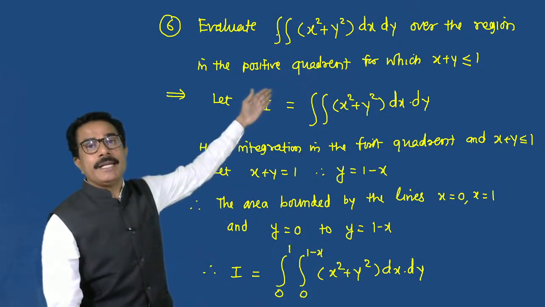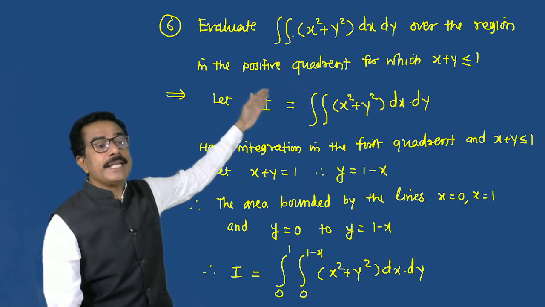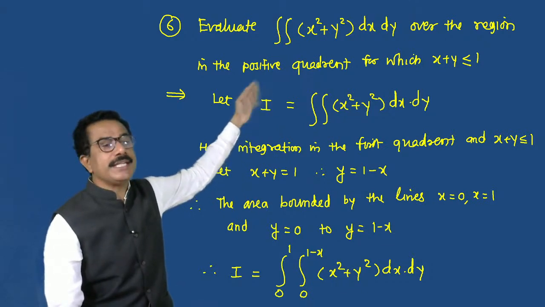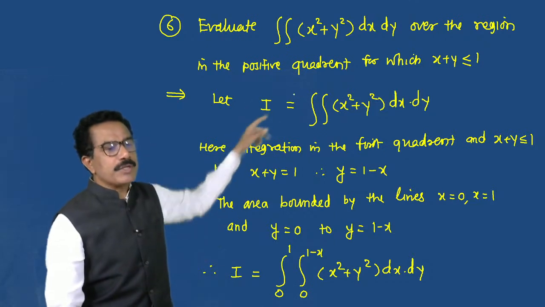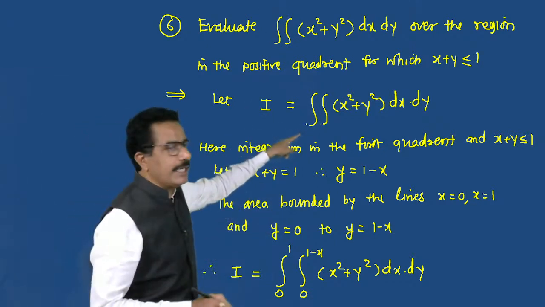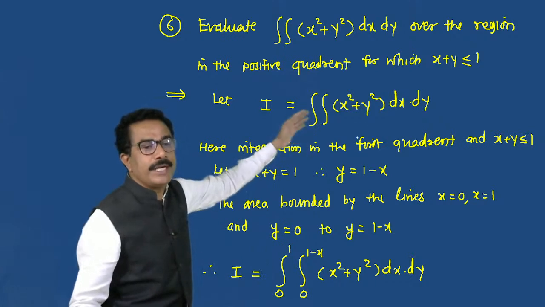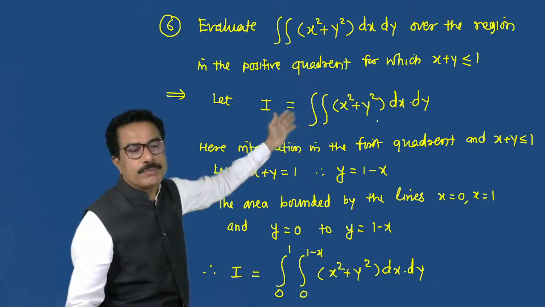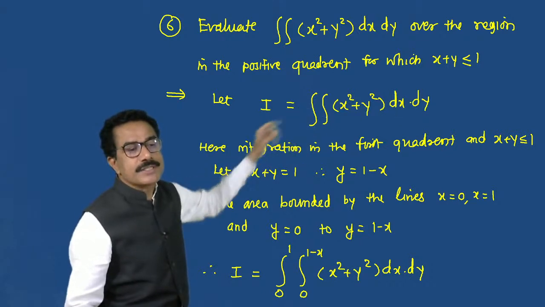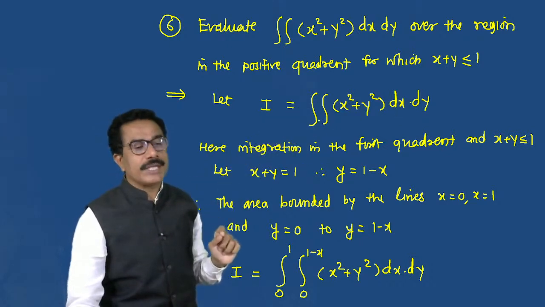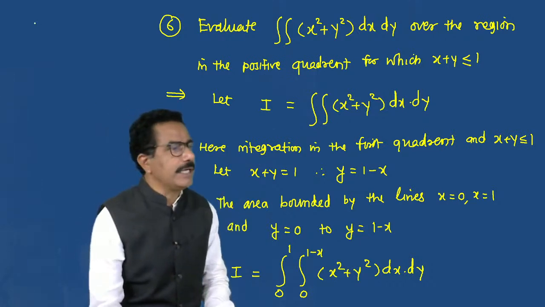We are given the double integral, but there are no limits for the first and second integral. Suppose I equals the double integral of x square plus y square dx dy, but limits are not given, so we have to calculate the limits.